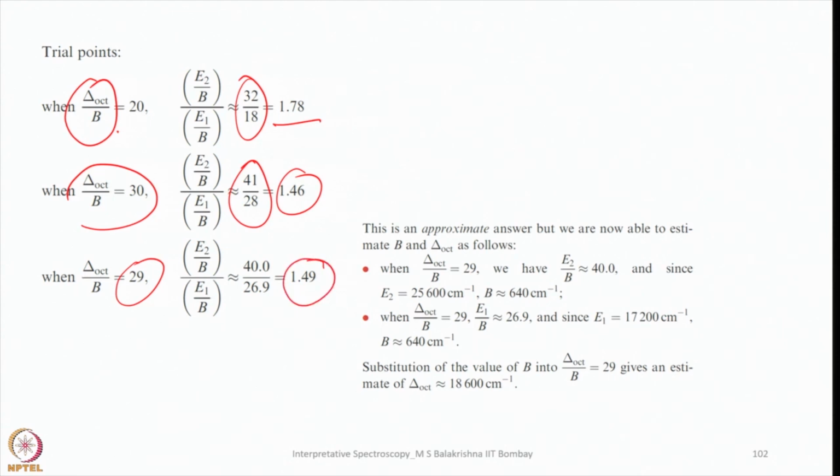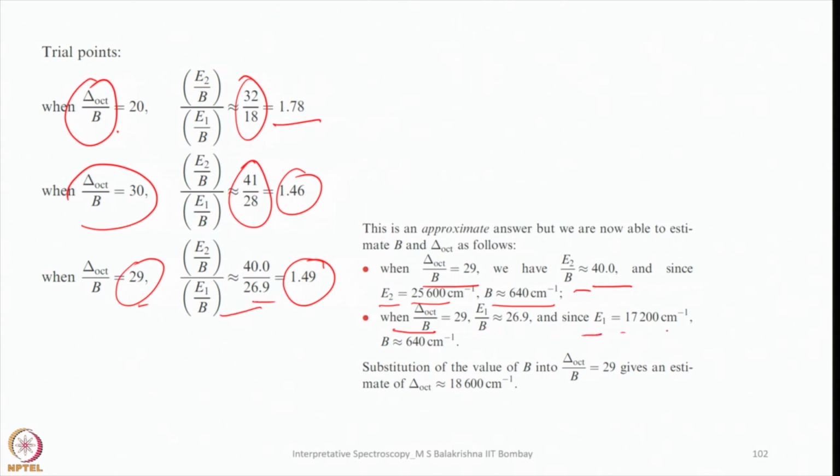So there is an approximate answer, but we are now able to estimate B and delta O as follows. You can take 29 here, and what we are getting is 40, and then E2 equals 25,600 and B equals 640. When you take 29 here, again E1 by B you can take, and 26.9 is there.